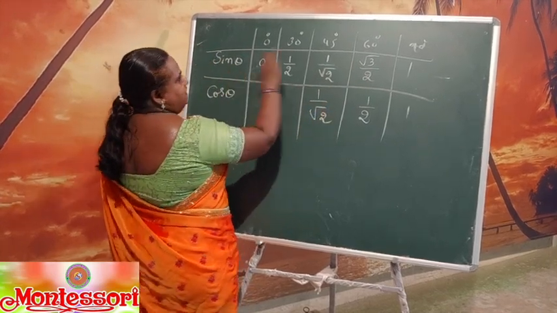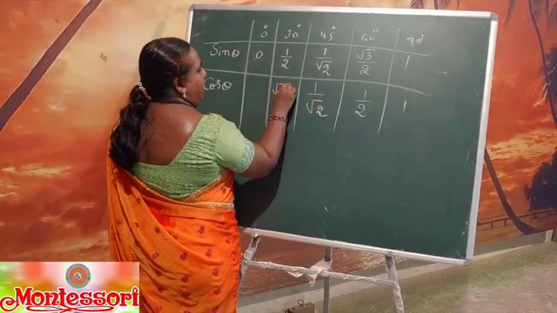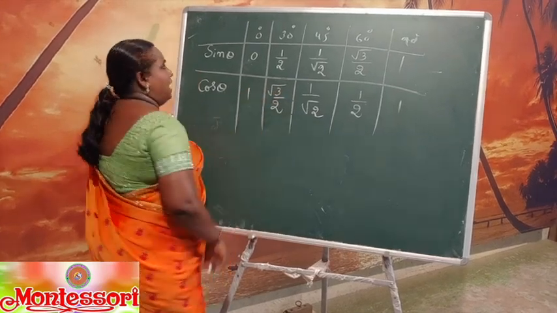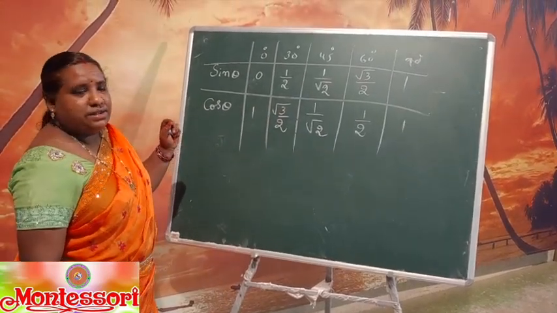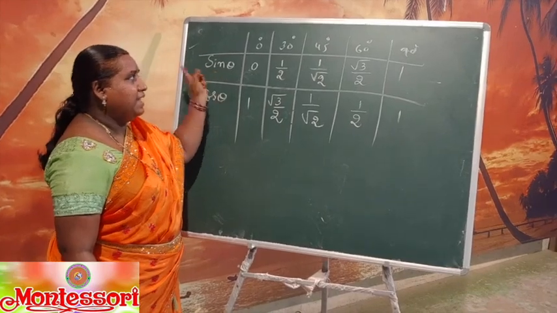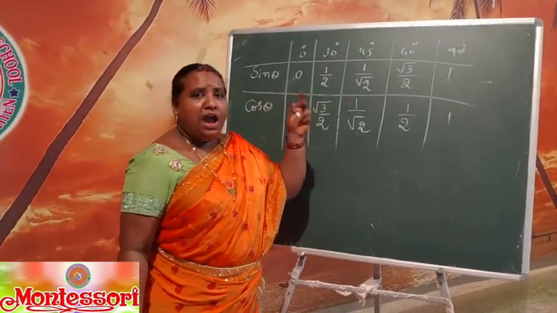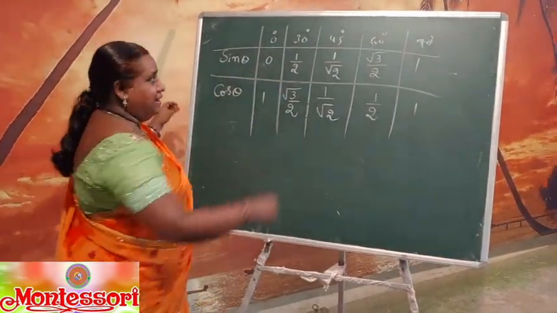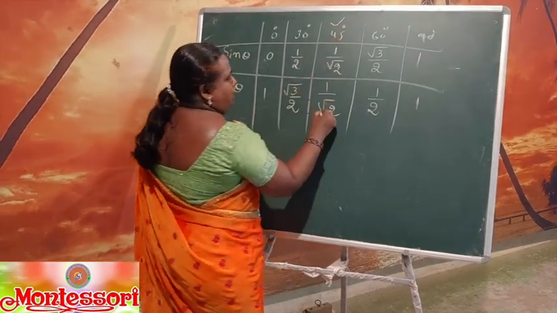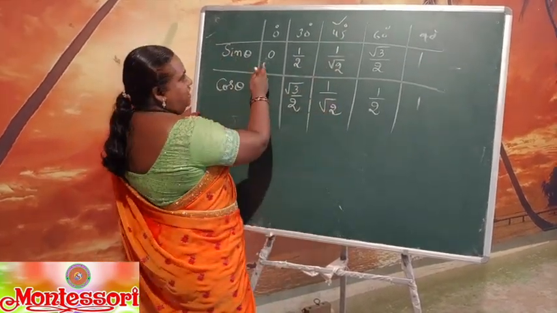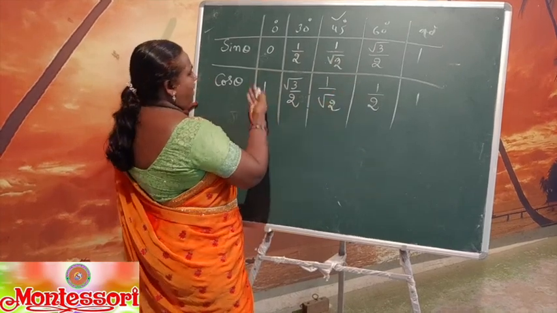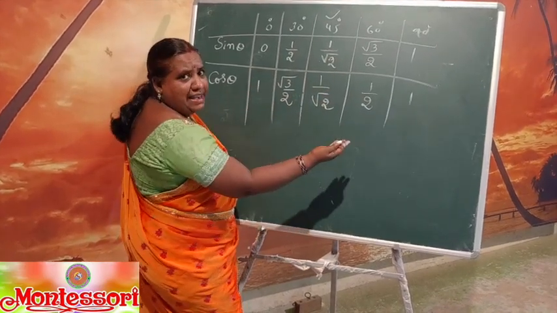And sin 60 is root 3 by 2, that will become cos 30, and cos 0 is 1. So if you remember the sin values, automatically cos also we can get easily. And sin 45 is the same as cos 45. Sin 0 is 0, sin 90 is 1, so cos 0 is 1, cos 90 is 0.